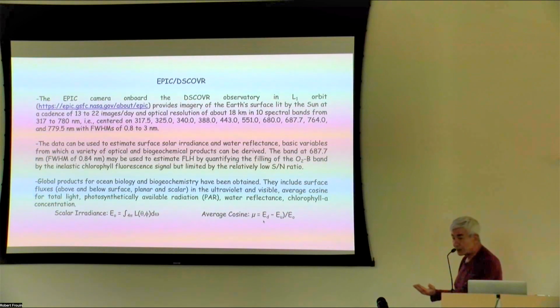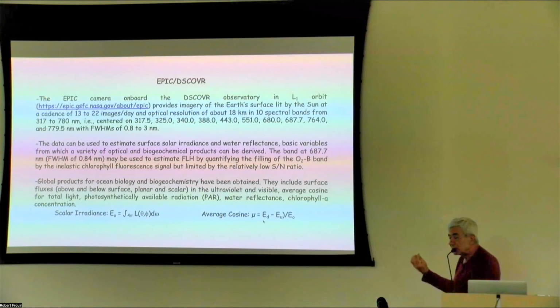You have in the spectral region a lot of attenuation by the atmosphere due to oxygen absorption. But because of the fluorescence emission centered at 685 nanometers, something like this, which is close to the center of that band, we have a filling of this band by the signal from the chlorophyll fluorescence.